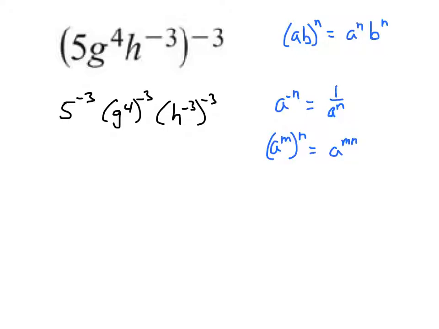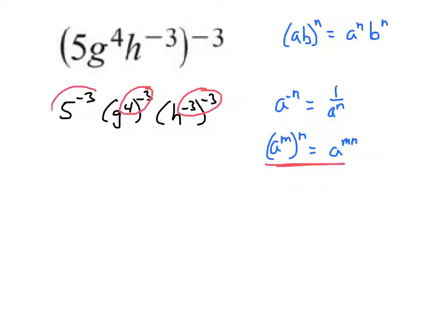Okay? So, here's what I'm doing, and there's a reason why I'm doing it this way. When I use this rule, my signs are going to change. When I multiply negative 3 and negative 3, I'm going to get a positive 9. So it's going to want to stay where it is, right? Whereas when I multiply these, I'm going to get a negative 12. So it's going to want to move.